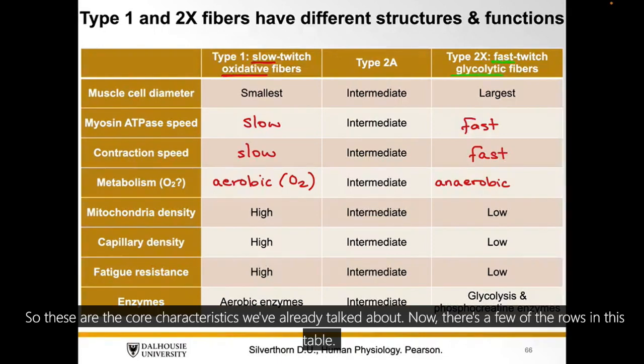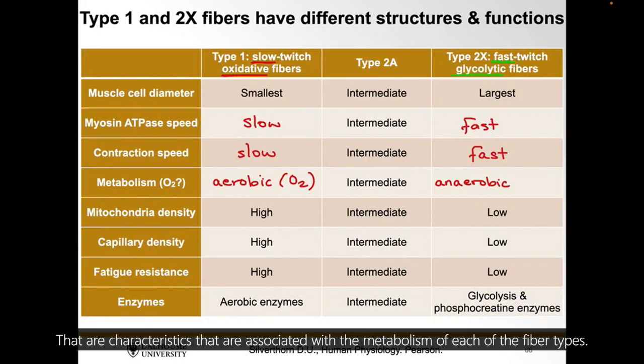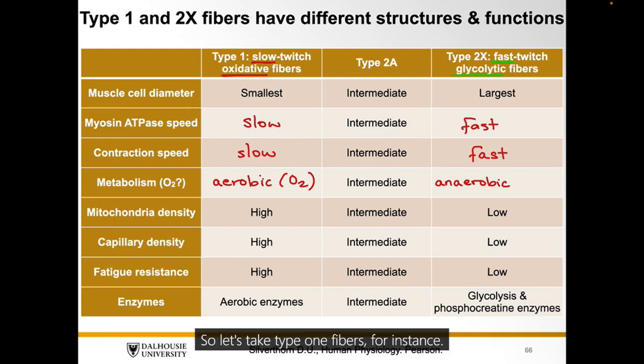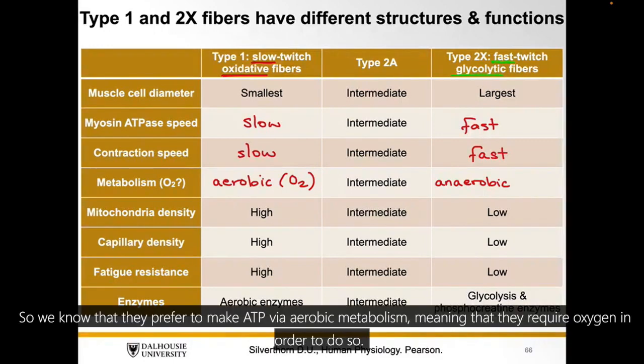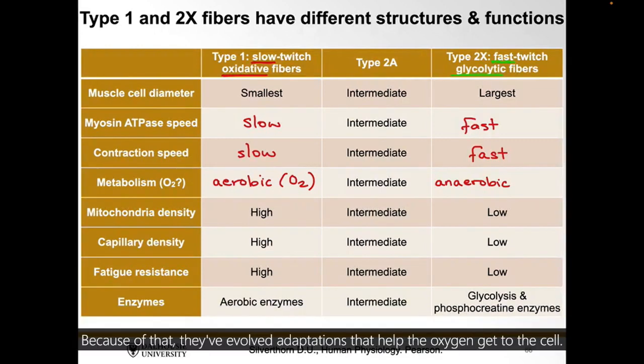Now there's a few other rows in this table that are characteristics associated with the metabolism of each of the fiber types. So let's take type 1 fibers, for instance. We know that they prefer to make ATP via aerobic metabolism, meaning that they require oxygen in order to do so. Because of that, they've evolved adaptations that help oxygen get to the cell. For instance, they have a much higher capillary density than type 2X fibers.